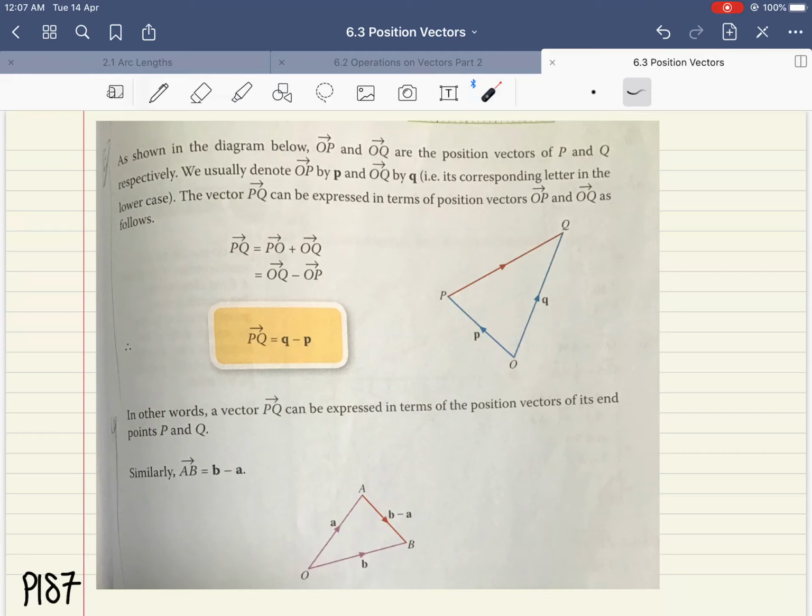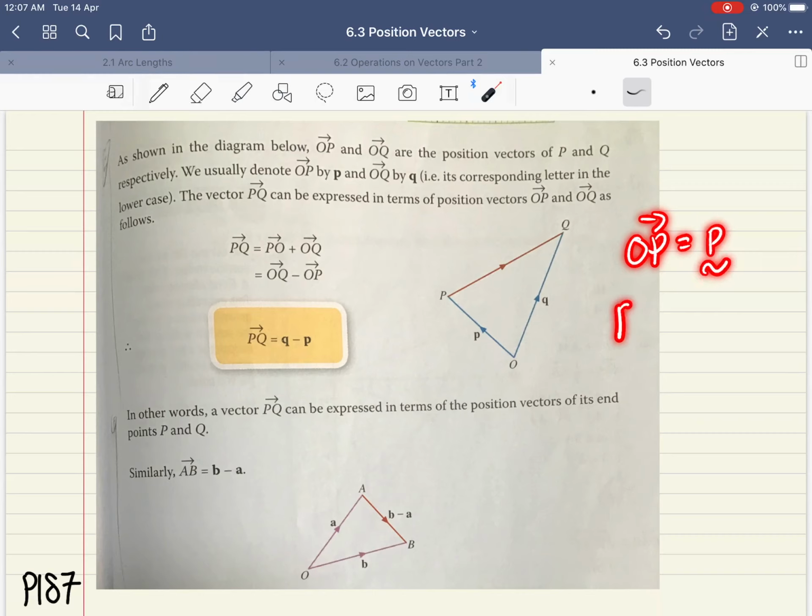Now if you look at the diagram on page 187, we have this vector PQ here. As you know, PQ can be rewritten as PO plus OQ. With respect to O, OP is the vector P, while OQ is the vector Q itself.